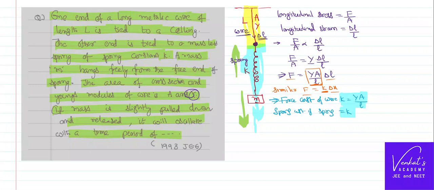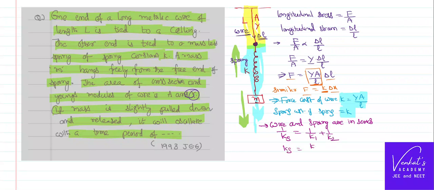So it is very clear that the wire and spring are in series. The effective spring constant of two springs in series: 1 by K series is 1 by K1 plus 1 by K2.